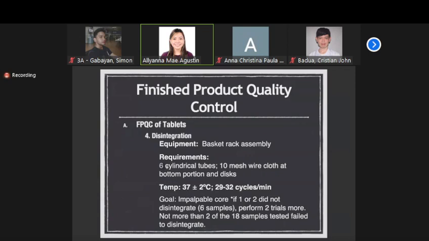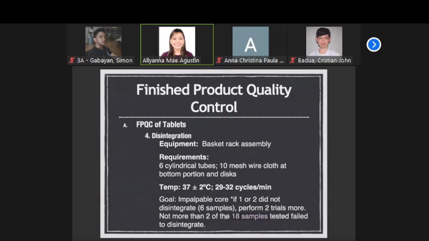So sa 6, if 1 or 2 did not disintegrate out of the 6 samples, then go to stage 2. So perform 2 trials more. So 2 trials more, 2 times 6, 12. So plus sa 6 sa stage 1, so 12 plus 6. So out of the 18 samples, kung may nag-fail pa, more than 2, then bagsak na talaga.